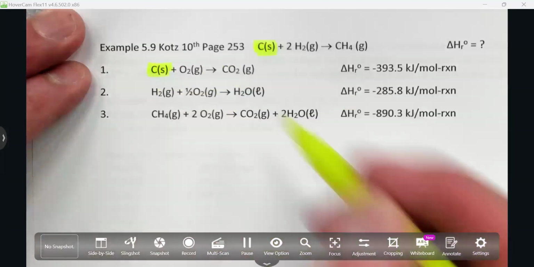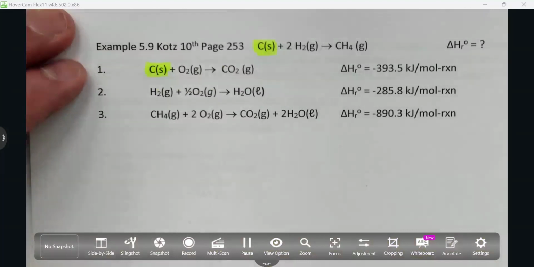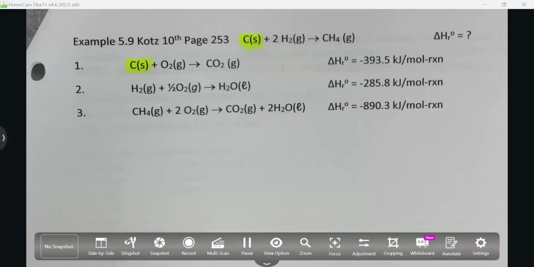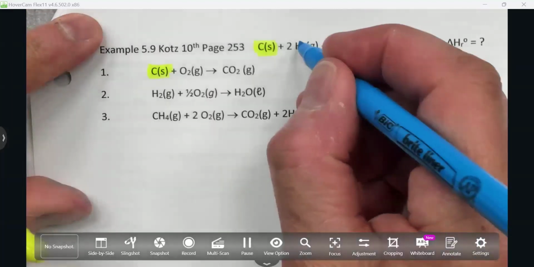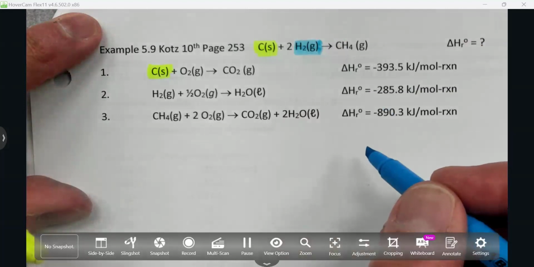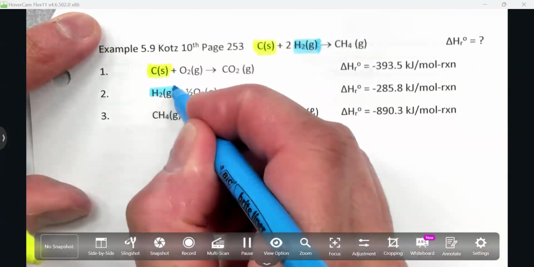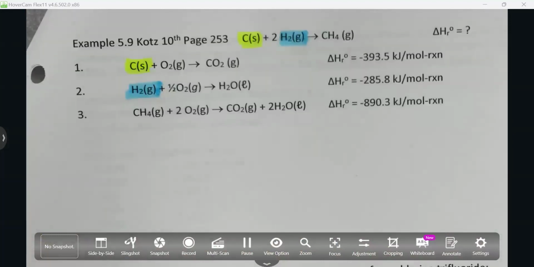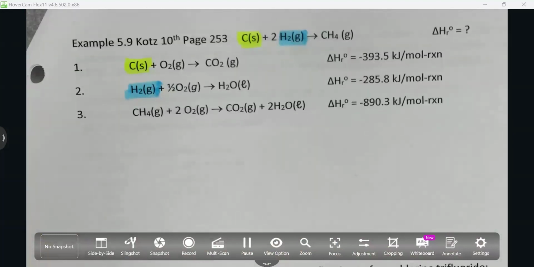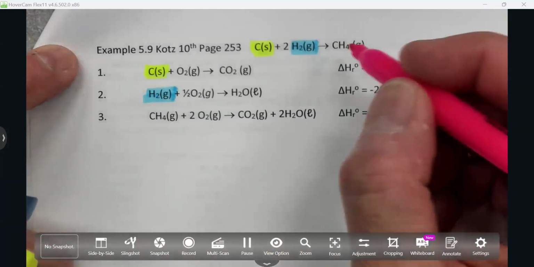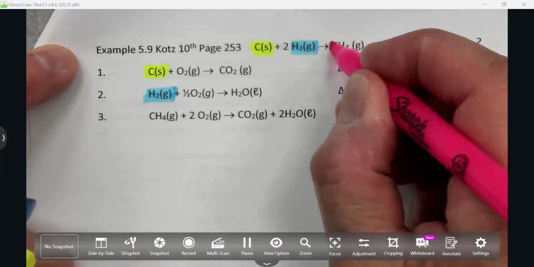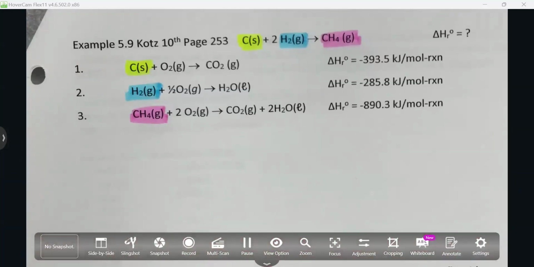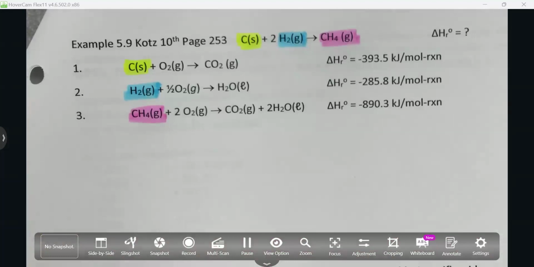Oh, that looks nice right off the bat. We've got H2 gas. Ooh, that's not so bad. It's on the same side at least. And then we've got CH4 gas. Ooh, that's on the wrong side. Am I missing? Yeah.